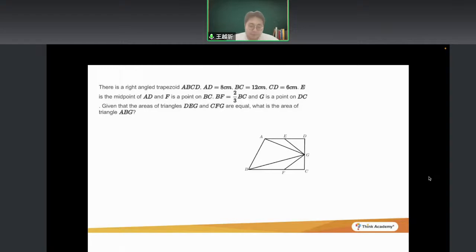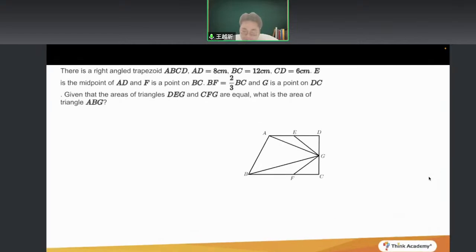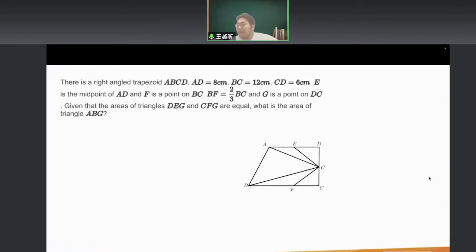So the area, after reading the question, you can know we have AD equals to 8, and BC equals to 12, and CD equals to 6. And E is the midpoint. So actually, we can write this one is 4, and this one is 4. Also, we know CD equals to 6.